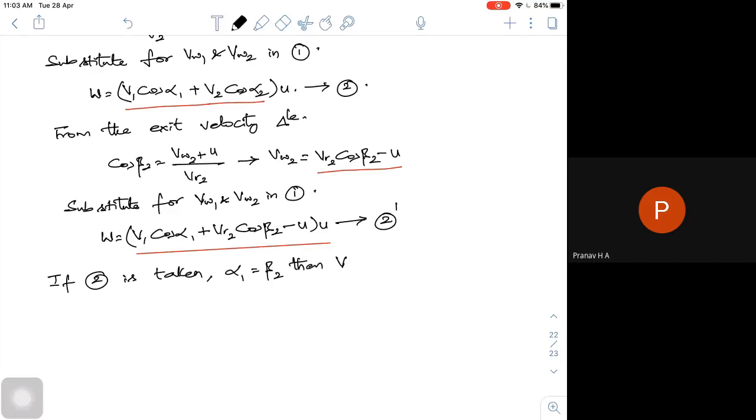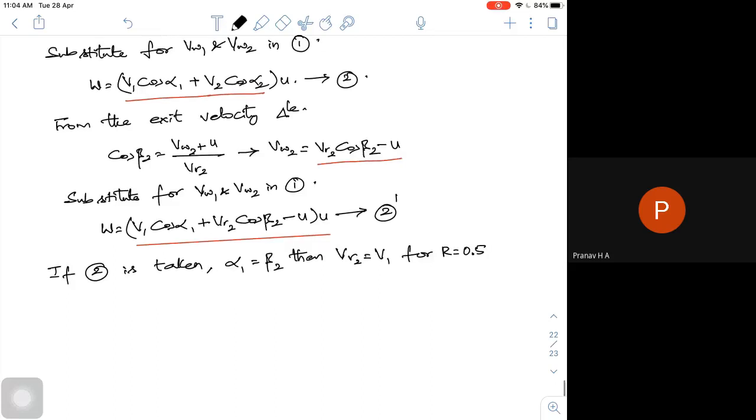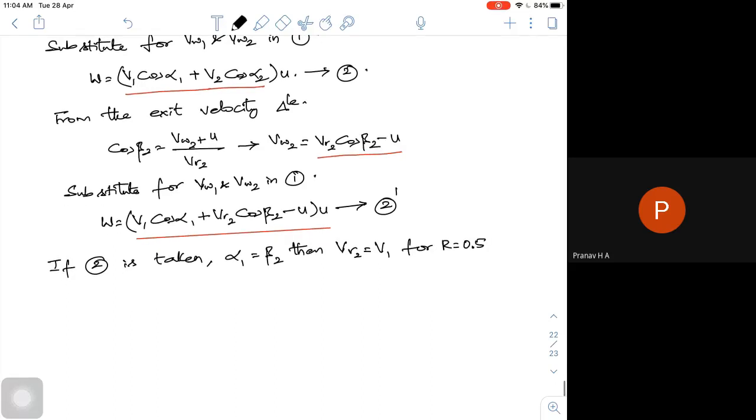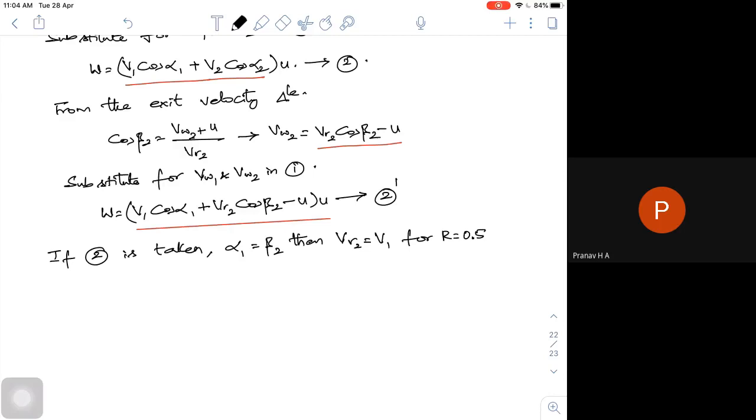Then my VR2 is equal to V1, for what? For R equal to 0.5. Alpha 1 is equal to beta 2, and beta 1 is equal to alpha 2. If that is the case, what will happen to your condition? You have VR2 is equal to V1.